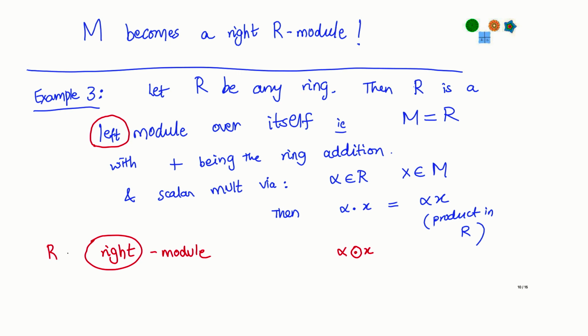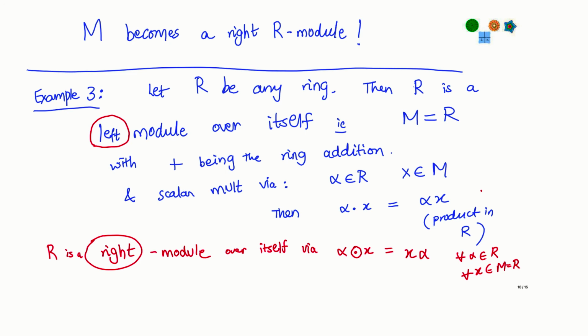So R is a right module over itself via the same addition, but multiplication is now multiplication on the right. So this is for all alpha, for all x in R, which is the same as M. Okay.